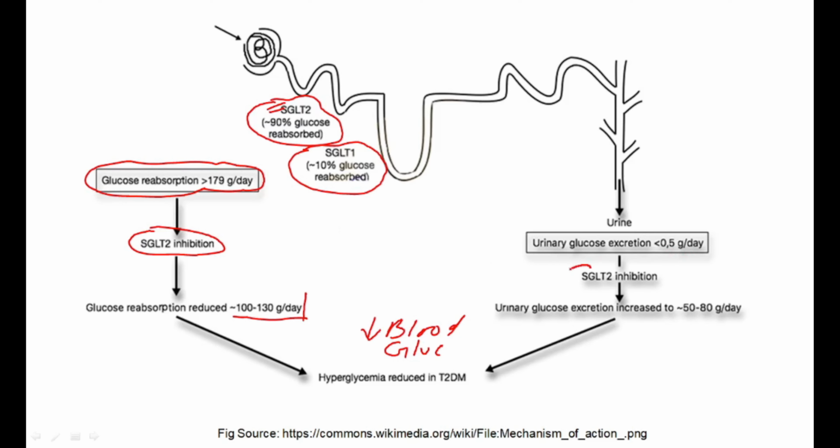After SGLT2 inhibition, urinary glucose excretion increases to 50 to 80 gram per day, and therefore it will cause hypoglycemia in type 2 diabetic patients. So this is the mechanism of SGLT2 inhibitor. Hope you have understood it.